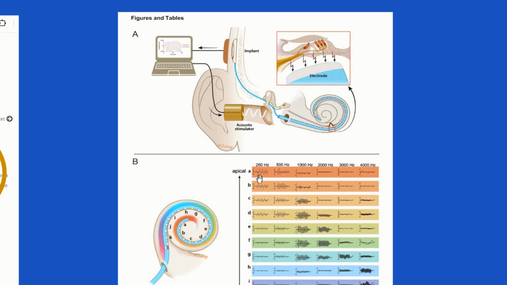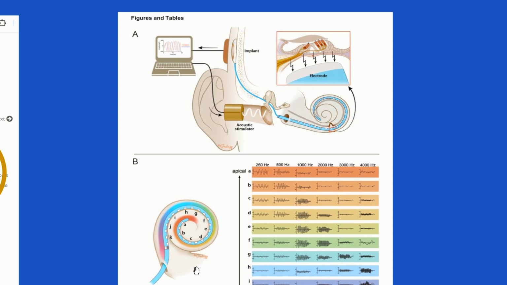So if I'm reading this graph properly over here, it looks like the lower frequencies are output at A, which is the most narrow region. That's interesting. And the higher frequencies are output most at the higher letters like H and I here.